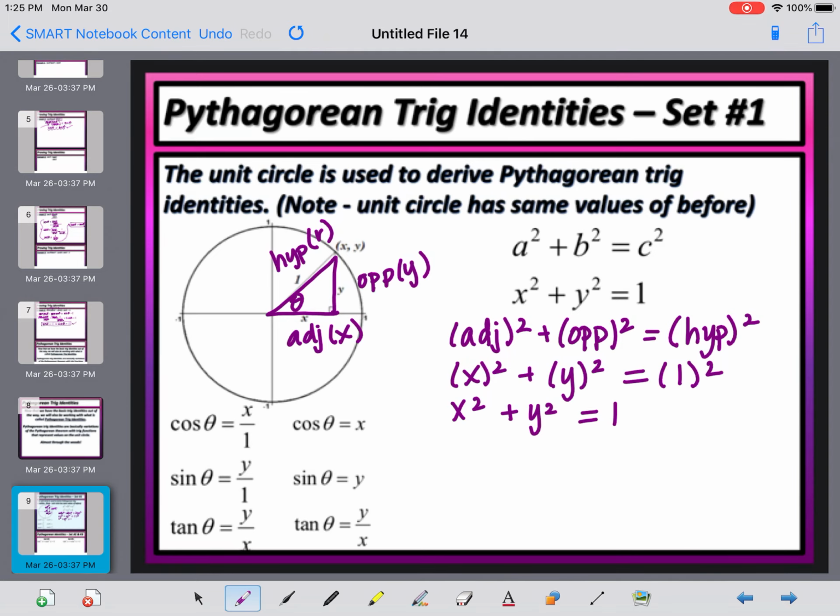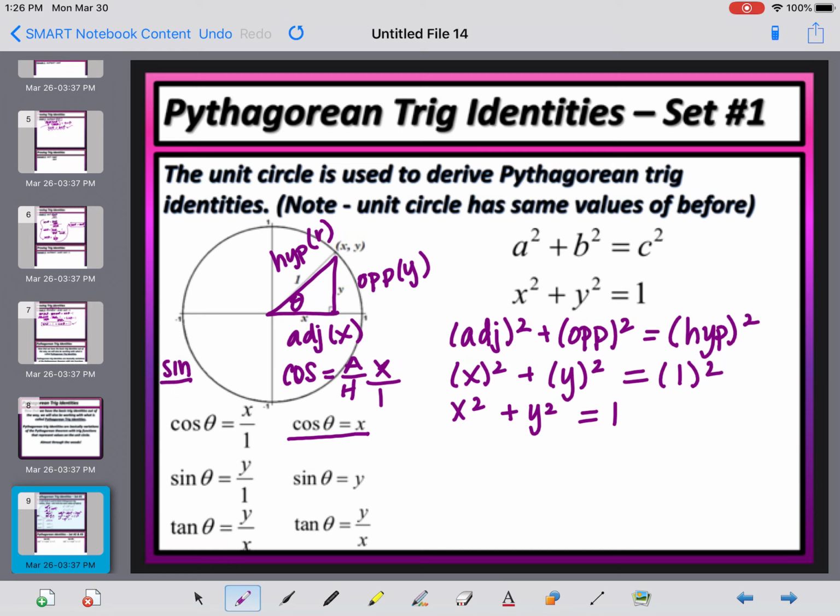Now, on the unit circle, when we did sine, cosine, tangent, things like that, cosine, for instance, we know that's adjacent over hypotenuse. But when we related it to x, y, and r, cosine was x over r, or x over 1, which is how we get to this equivalent that cosine equals x.